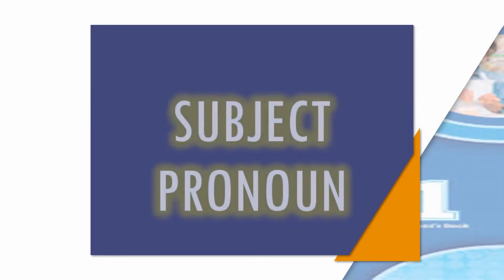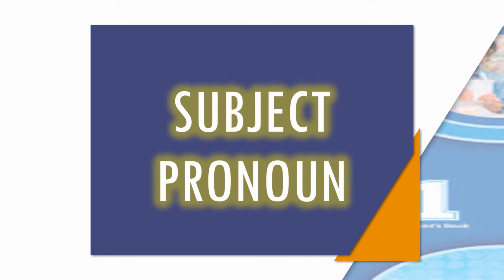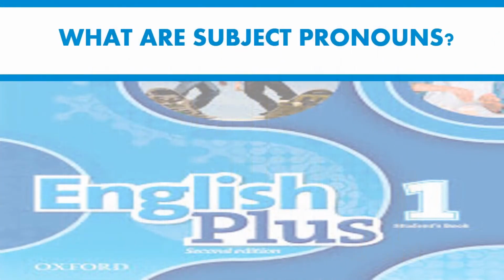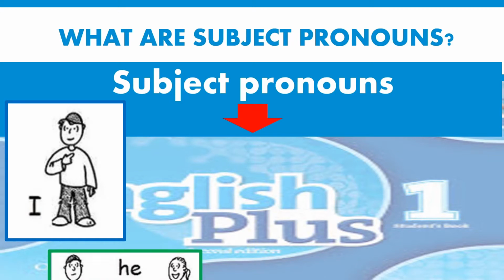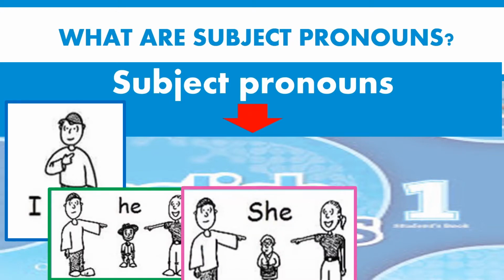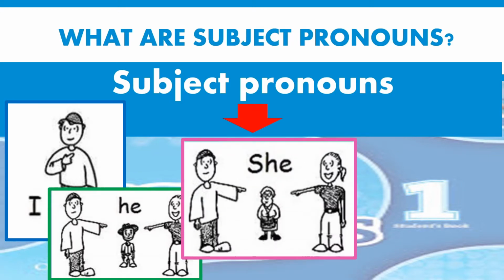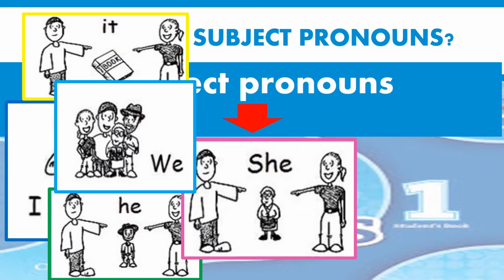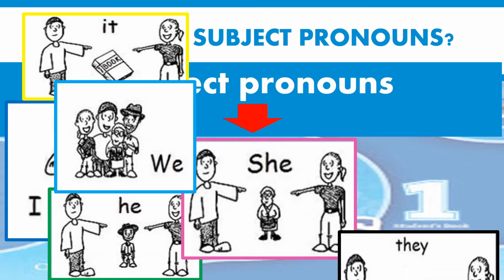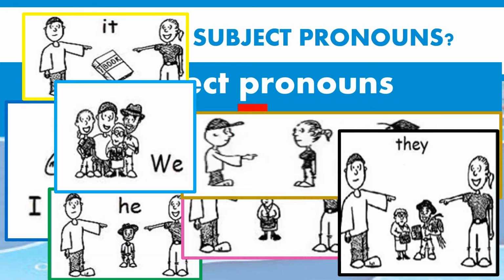Okay, so the first thing that we are going to learn today is about subject pronoun. Okay, so what are subject pronouns? Subject pronouns, it is I, he, she, it, we, they, and you.